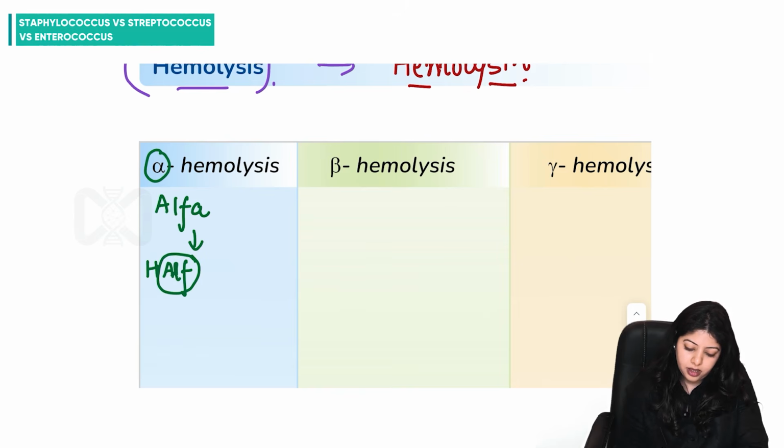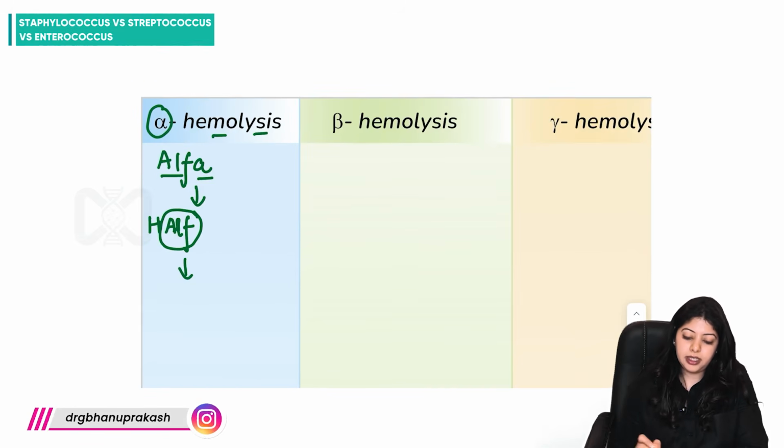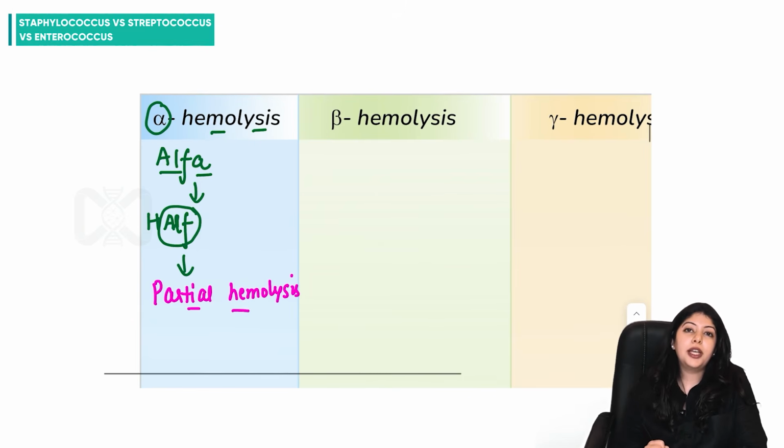So what is alpha? Can we say that this is partial hemolysis? So it is the partial type of hemolysis.